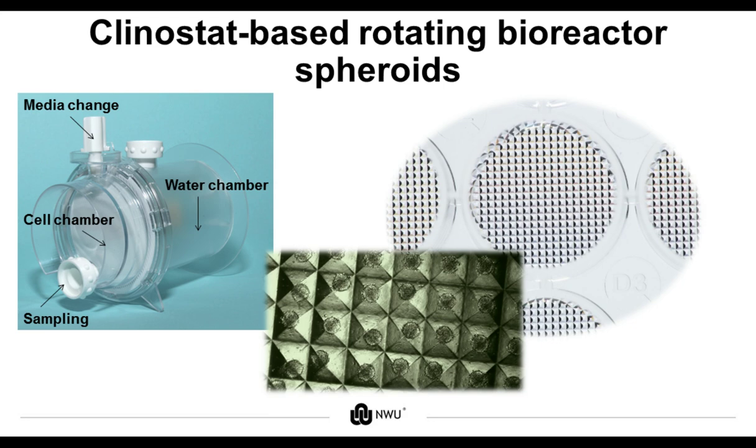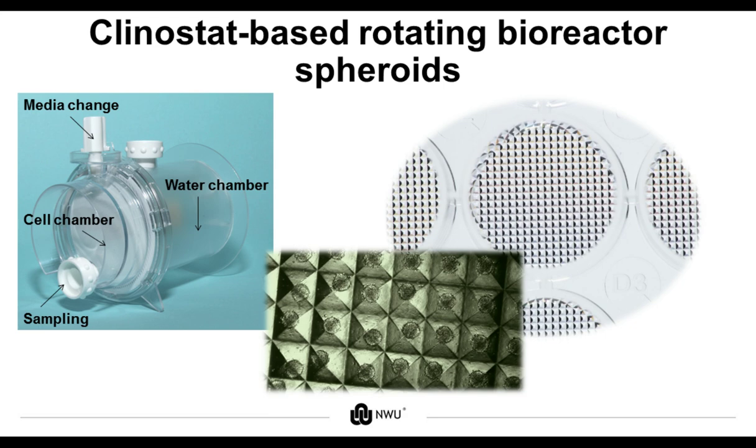The Cellvivo rotating bioreactors are ready to use with a cell chamber with 2 openings for quick sampling and medium replacement, as well as a water chamber with a wick and 0.2 micron membrane for optimum gas exchange and humidity. We use Agrewells to generate our spheroids before we transfer them to the rotating bioreactors.